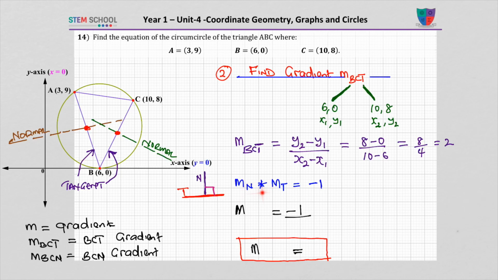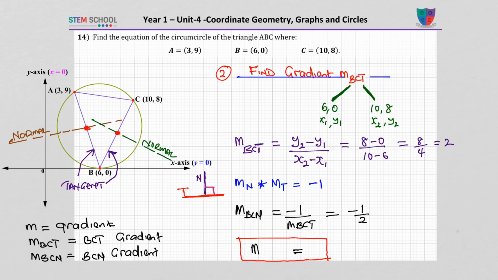Now to find the gradient of the normal to BC, we know that the gradient of the normal times the gradient of the tangent is equal to minus 1. So now what I need to fill in here is the gradient of the normal. So BC normal will be equal to minus 1, divided by the gradient of the tangent, MBC tangent, which is minus 1 over 2.